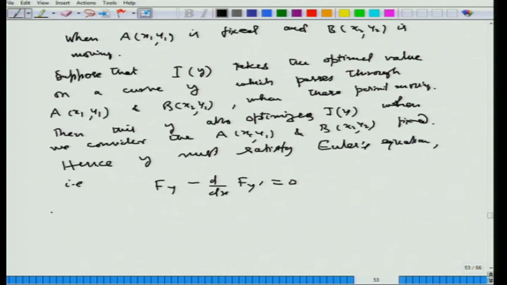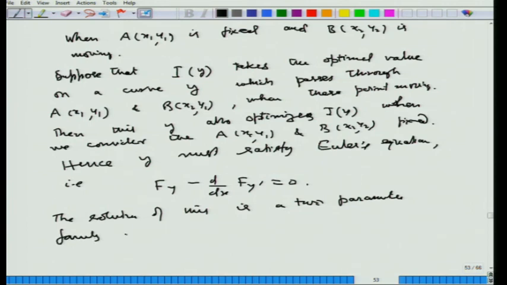So, here the solution of this is a 2 parameter family of curves y = y(x, c1, c2).